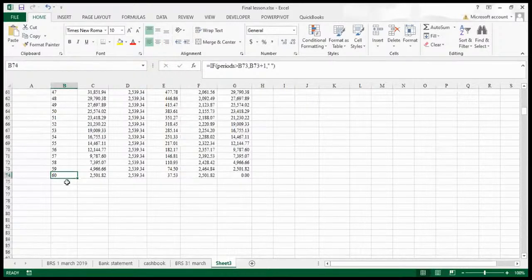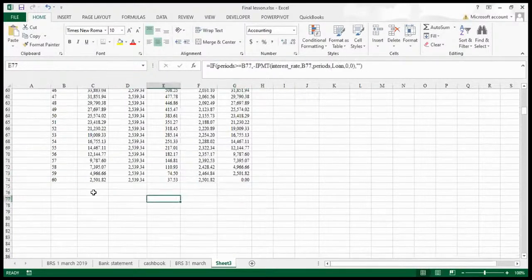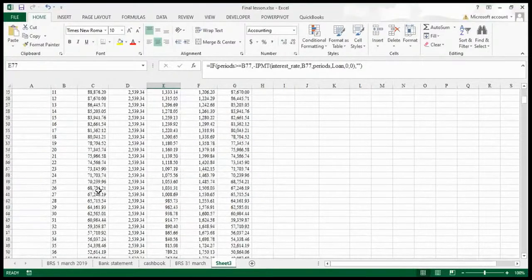Nothing is going to be there after this month, but the formula will still remain in those cells. So we've automated our loan schedule.